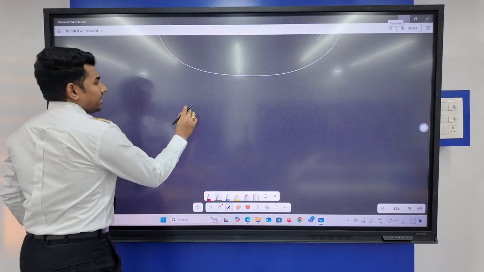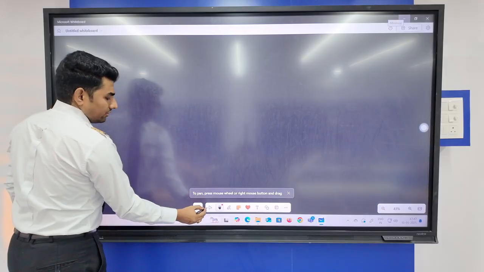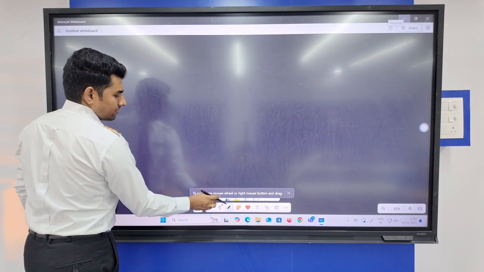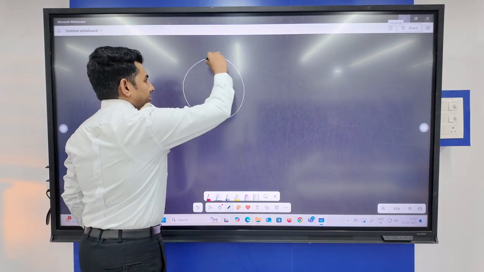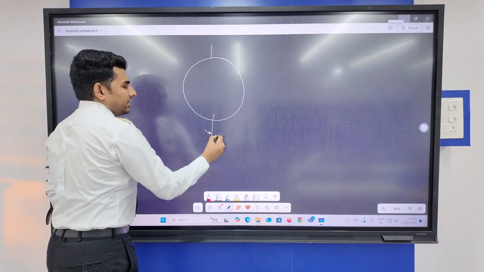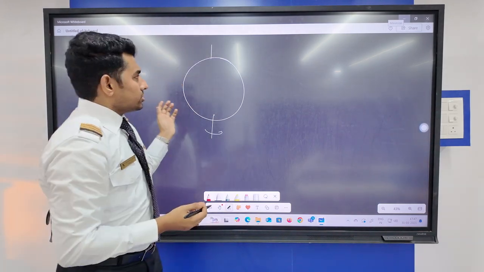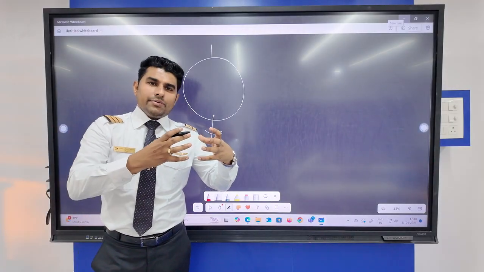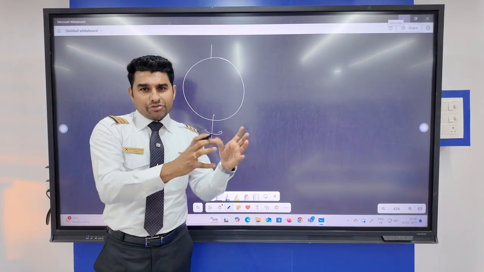Now, let us say this is a perfect circle. Just imagine if this is a circle or a sphere made up of clay, and you spin this at a faster speed. What would happen to the clay? The clay will expand. You must have seen people doing pottery.